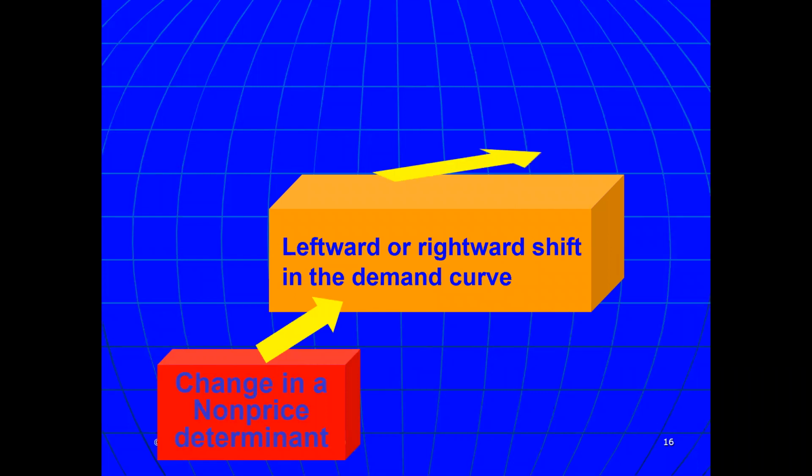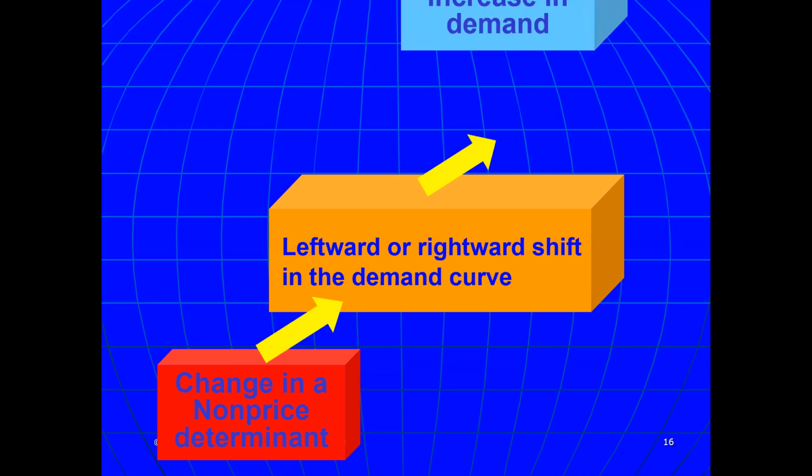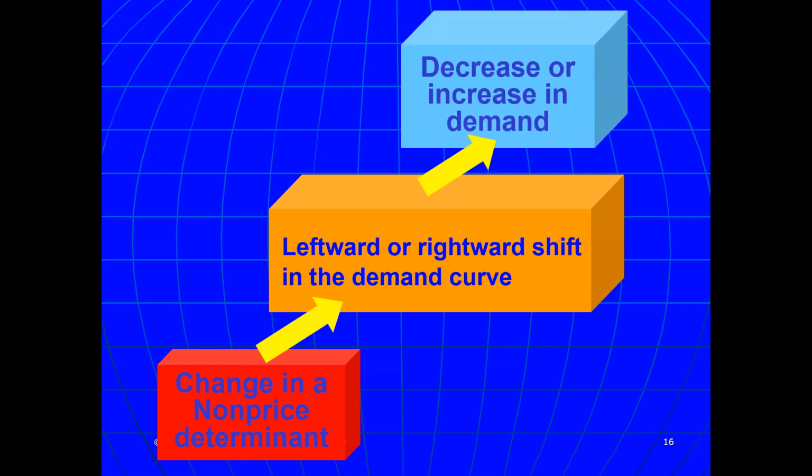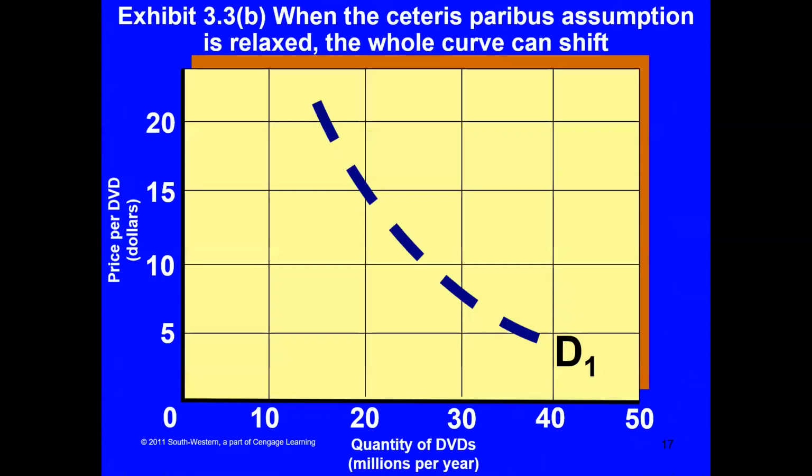So if it's not price that's changing, it's going to be something like preferences. It's going to be something like income. It's going to be something like, now people demand streaming services. They don't watch DVDs anymore. It's going to lead to a shift in the demand curve, and the terminology for that is an increase or decrease in demand.